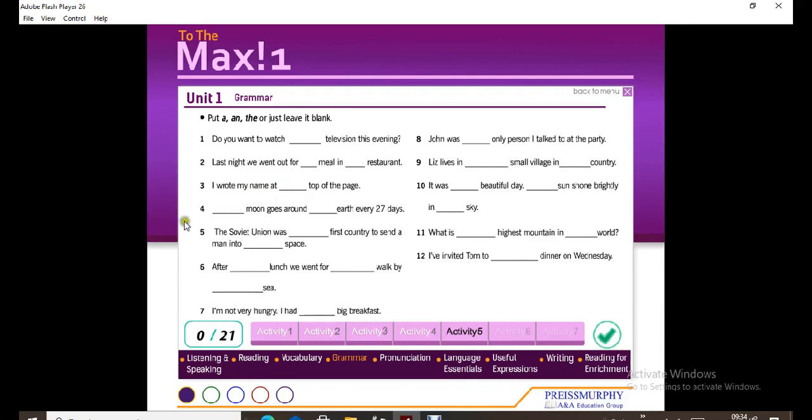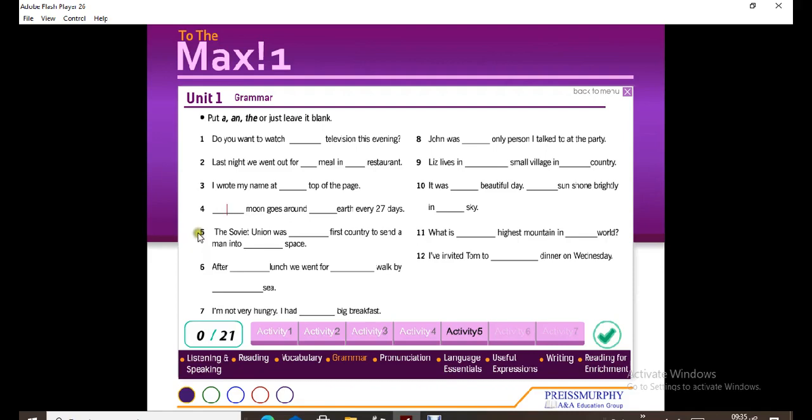Number 4: the moon is one of its kind, so I'm going to write the. The moon goes around the earth every 27 days, because earth is one of its kind.